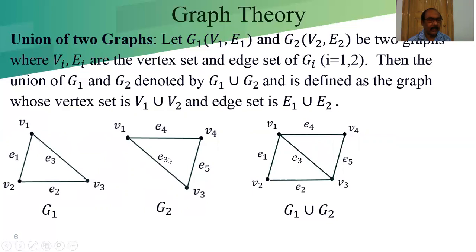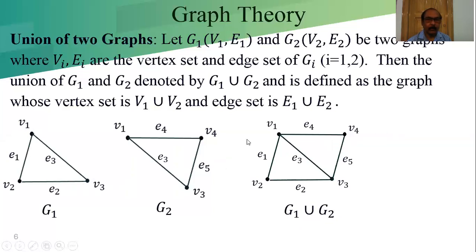E3 union E3 gives one E3, and V1 V3 with V1 V3 gives one V1 and V3. So this E3 and this E3 are merged and V1, V3 are merged. Combining these two graphs, we get G1 union G2.